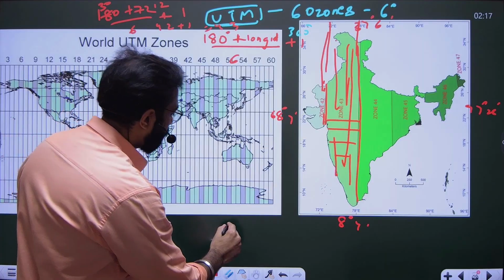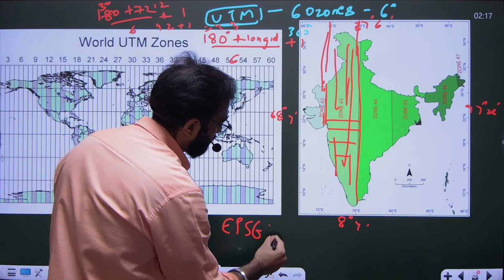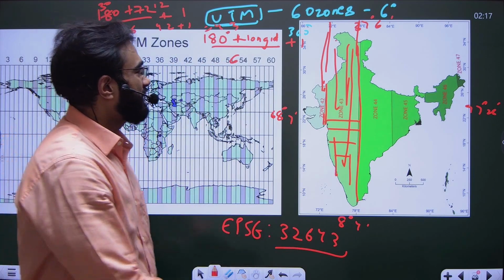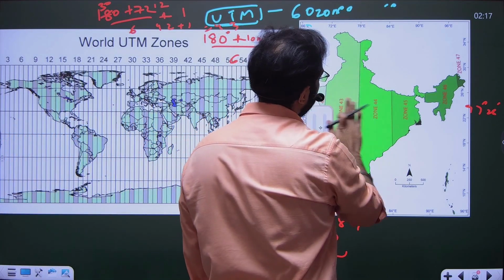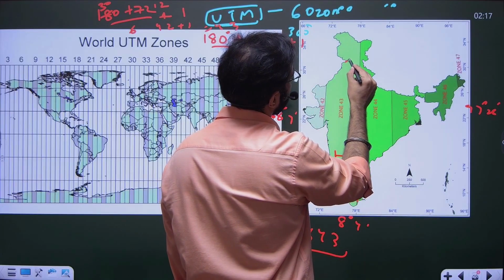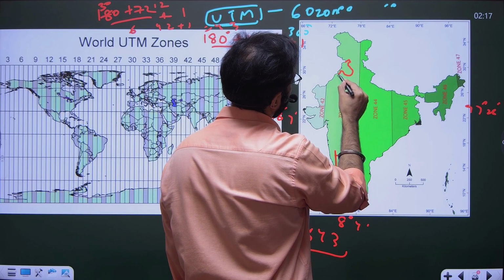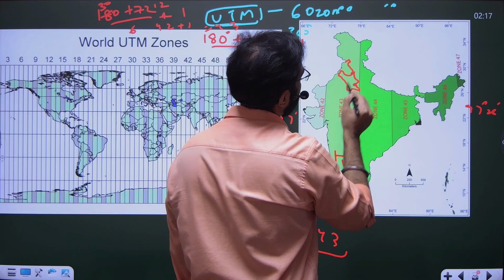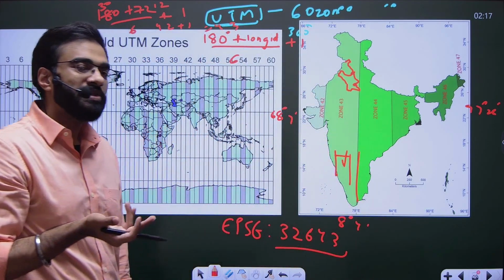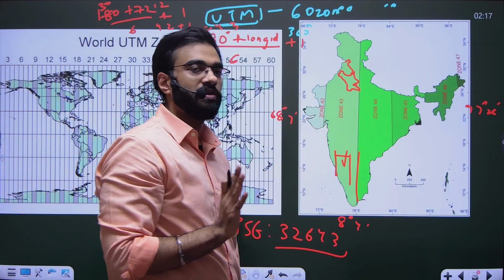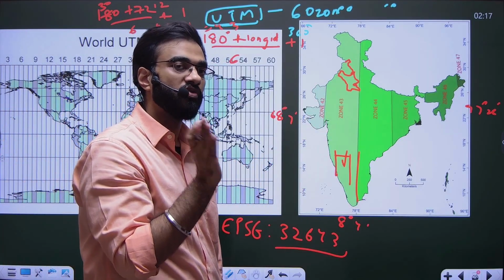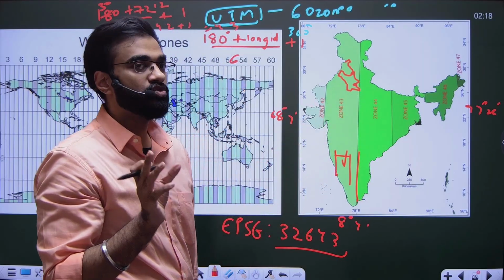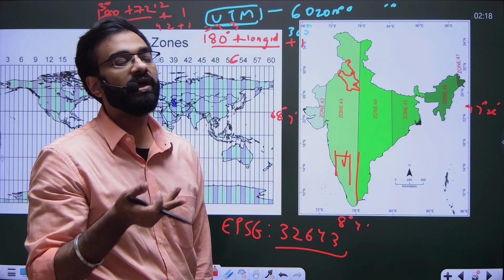Now remember, I gave an example of EPSG 32643. For example, I was working with Haryana, Delhi, Chandigarh. It is not possible that I'm aware of the UTM zones all the time. If I have to tell the software that I am working in this zone, I should have a fair idea of the zone in which it approximately lies, or I can search the net.